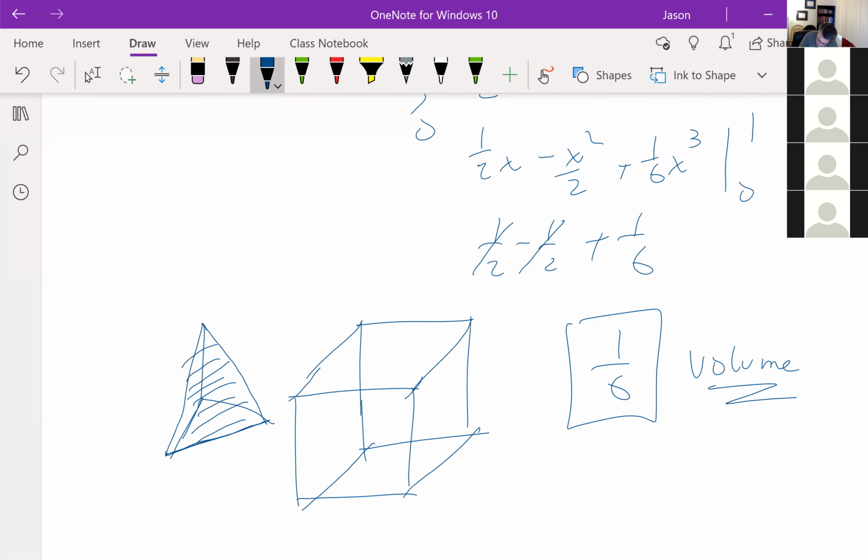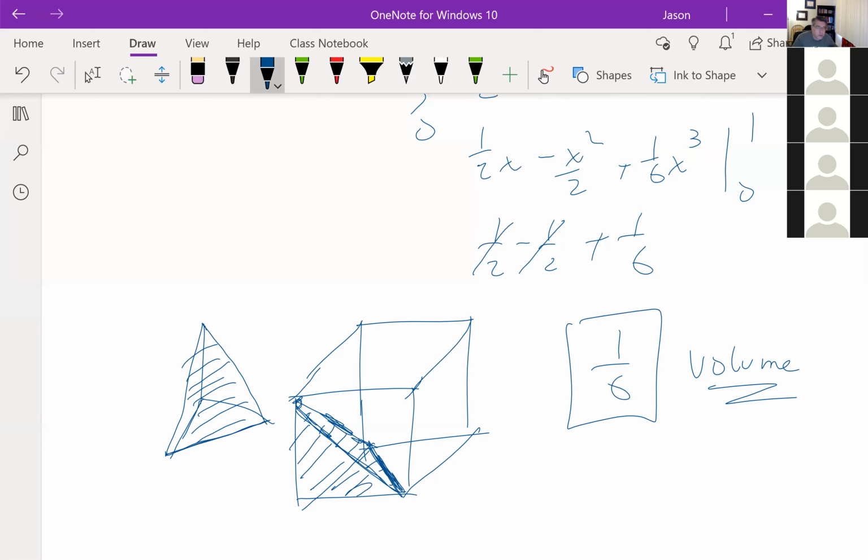So again, we just have this slice here, and then this slice, and it's going right here. We're saying that this piece here is 1/6 of the entire cube, which if you sliced it up, you could probably slice it into 6 equal pieces.